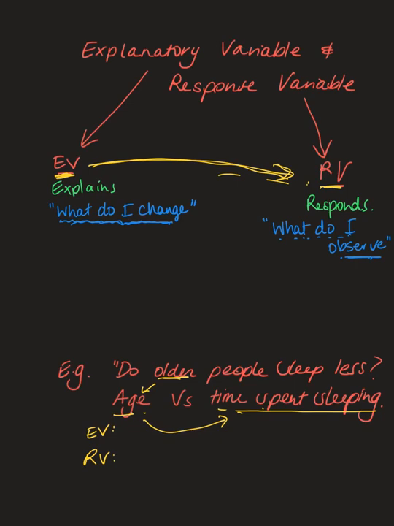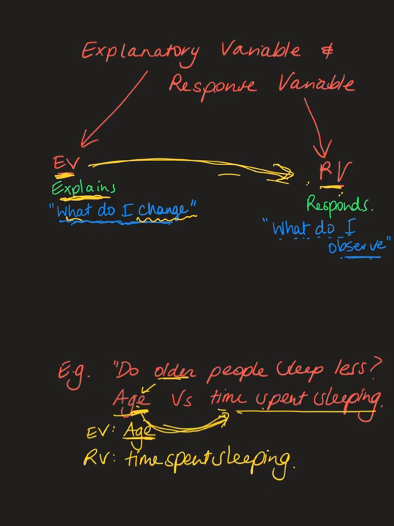Would how old you are have an effect on how long you are sleeping? Clearly it is going this way. So your EV is your age. The explanatory variable, age, is explaining the change in the response variable. I am changing the age in my respondents to see if there is a relationship. And then the response variable is the time spent sleeping.